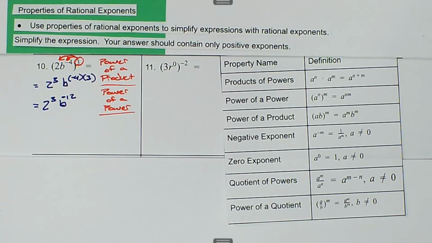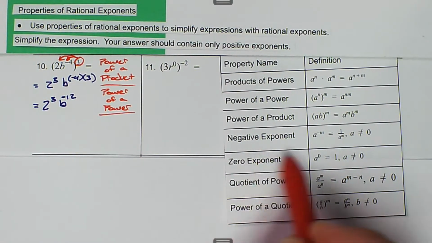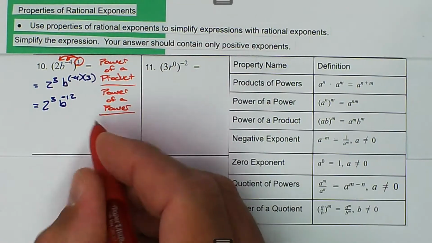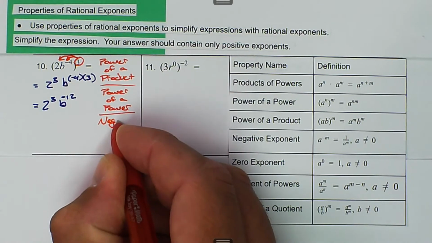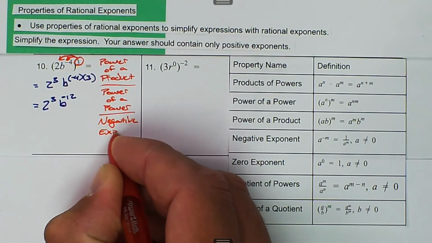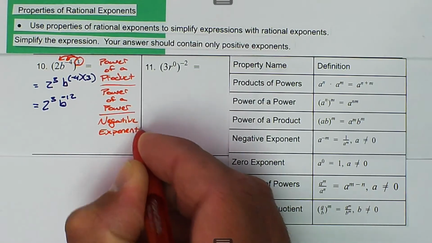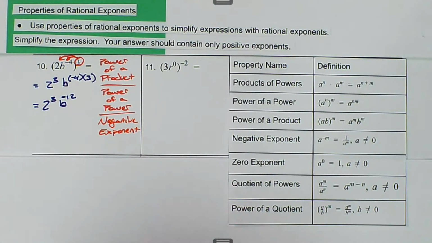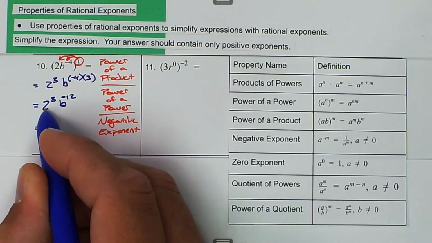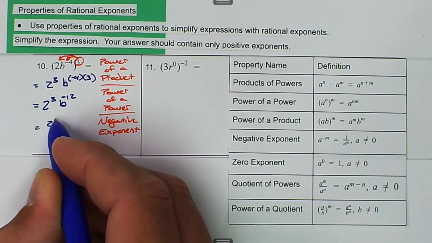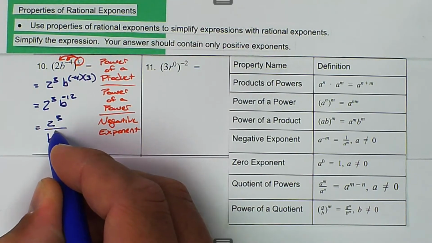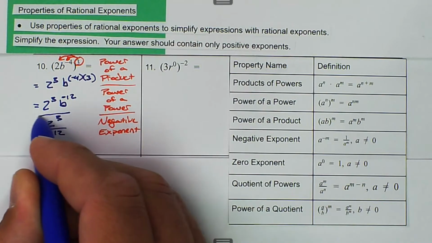And now we have a negative exponent, so we can use the negative exponent property. And what that says is we can move it to the denominator. We leave the 2 to the 3rd power in the numerator, and we move b to the 12th to the denominator.